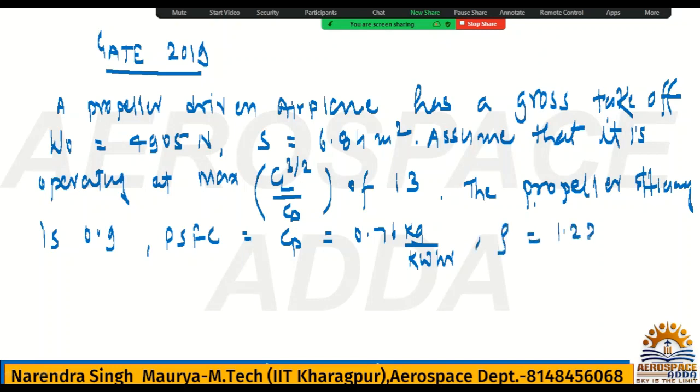Density is 1.22 kg per meter cube. Gravitational acceleration 9.8 meter per second square. Okay.